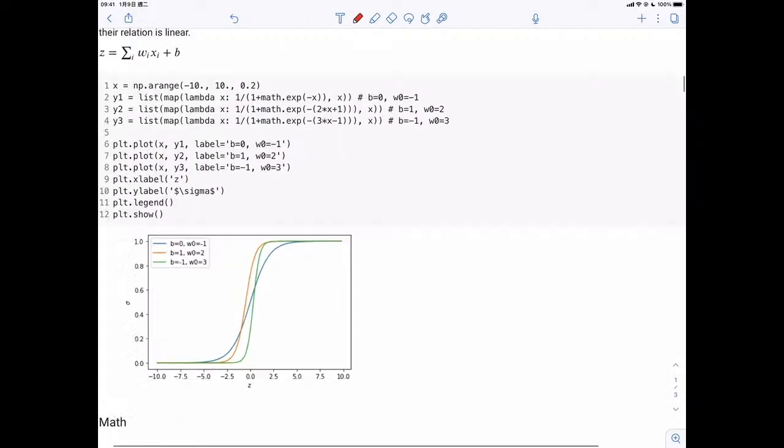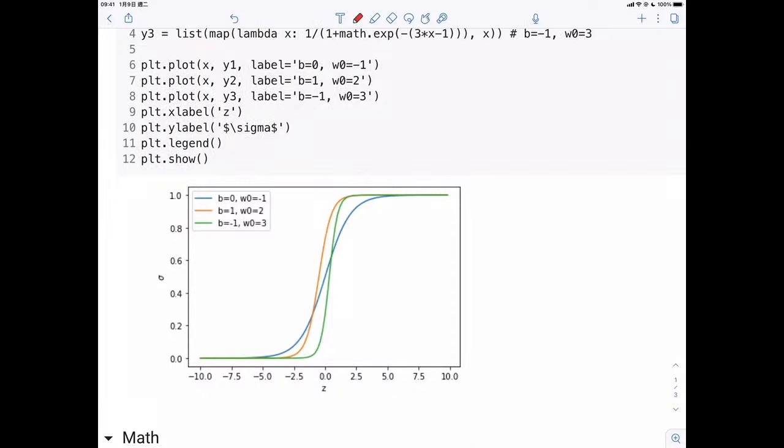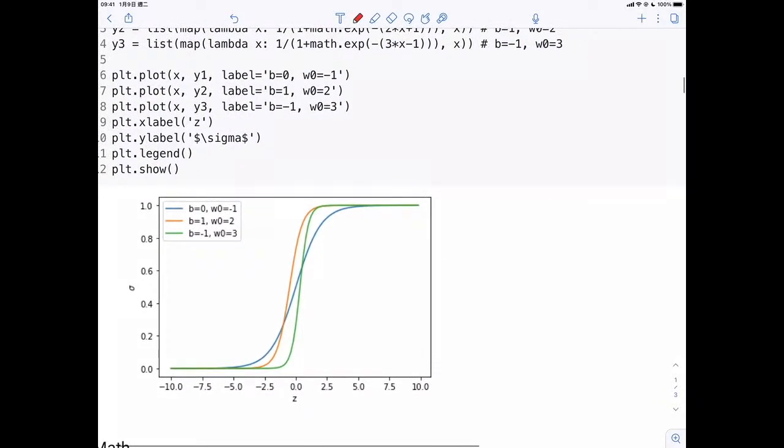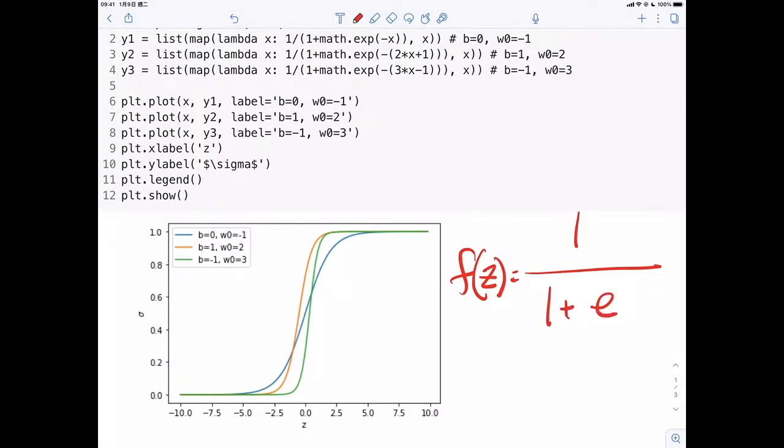Even if we know this shape, the final equation looks like this. The function f of z looks like 1 over 1 plus e to the minus z.